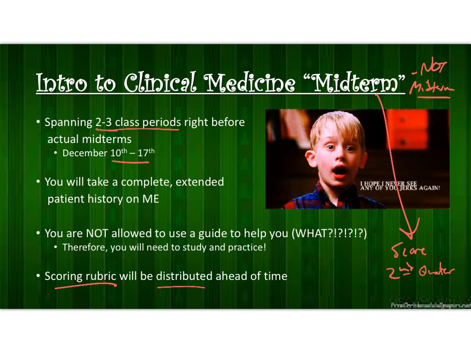Like before, it is not required that you ask every single one of these questions to take a good history. But you should definitely address each of the different parts of it, right? So chief complaint, past medical history, all the different pieces of it. But you don't have to ask every single social history question or something like that. So we'll talk about this a lot more in class before we get there.